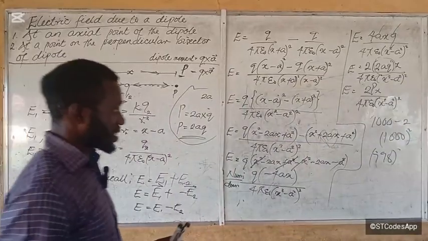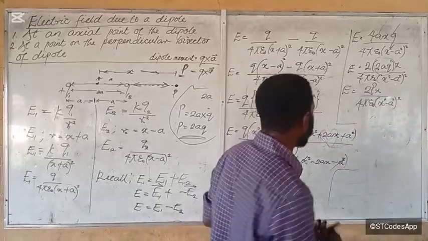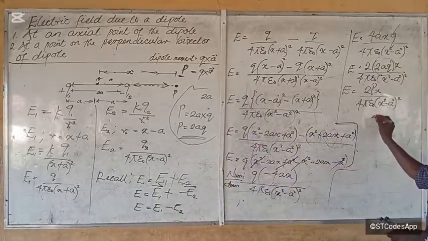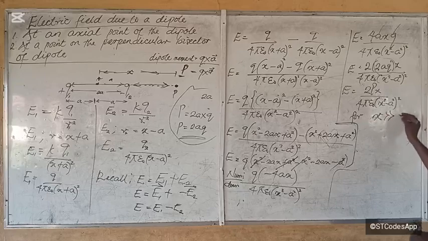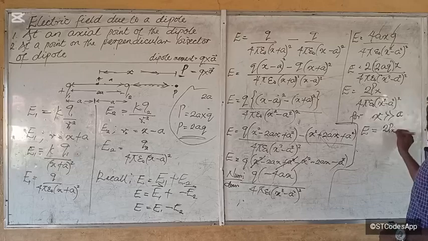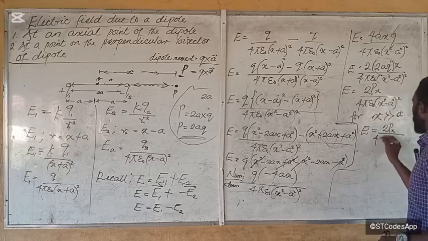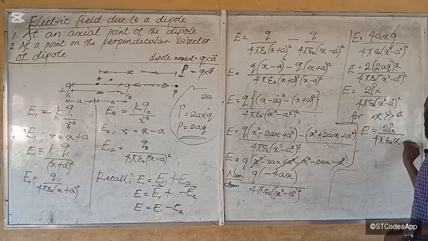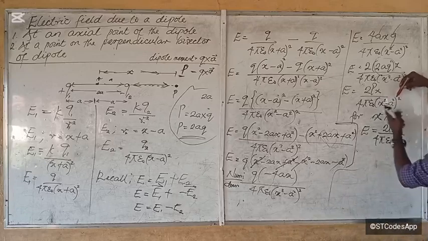Okay? So if that is clear, then you will understand what I mean when I say that for the case where x is very much greater than a, our electric field is going to be 2px, that is 2 times dipole moment times distance, over 4 pi epsilon naught x squared squared.